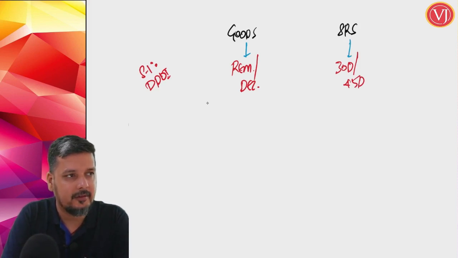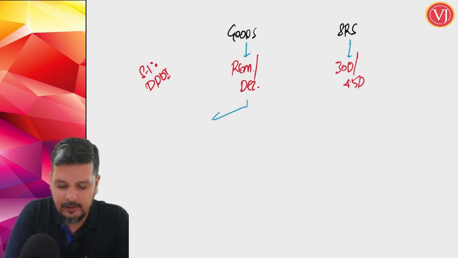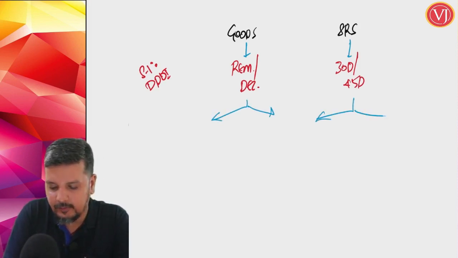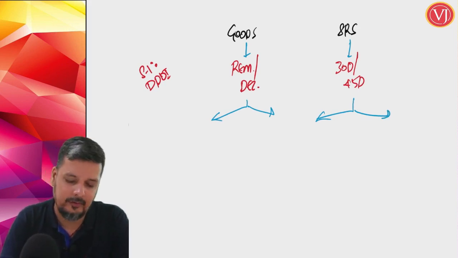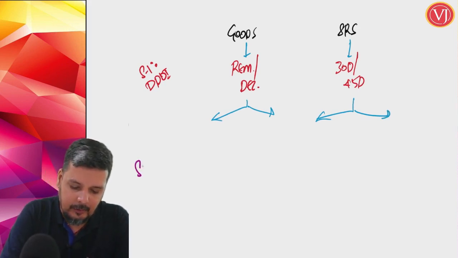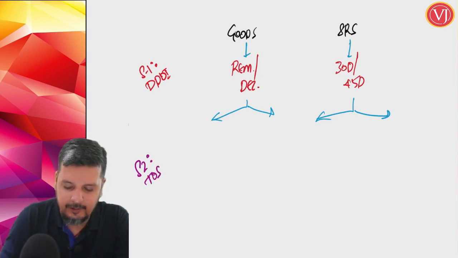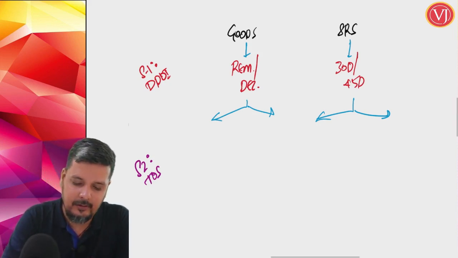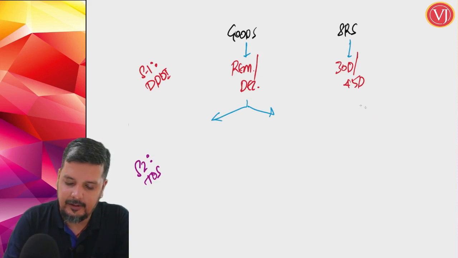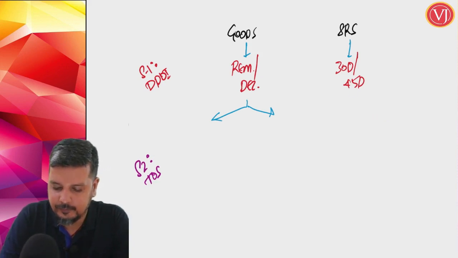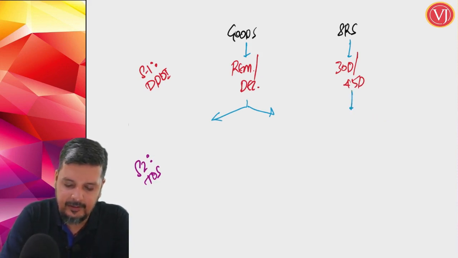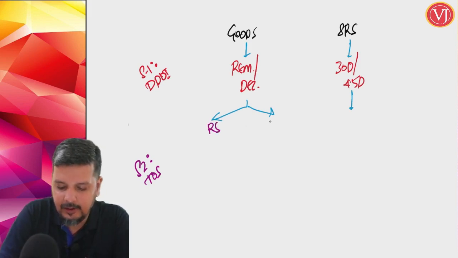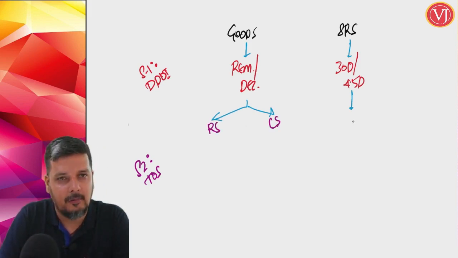Correct? Now, it will lead to only 2 possible scenarios. What are the 2 possible scenarios? So, when you talk about your step number 2, which is time of supply, there are only 2 possible scenarios. You have given invoice in time, you have not given invoice in time. But here, you need to understand that when you talk about goods sector, answer is separate for regular scheme dealer and answer is separate for composition scheme dealer.